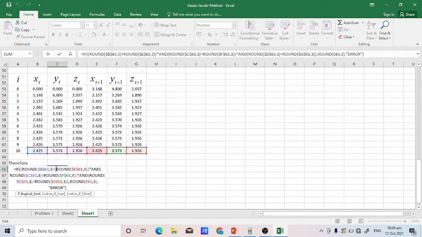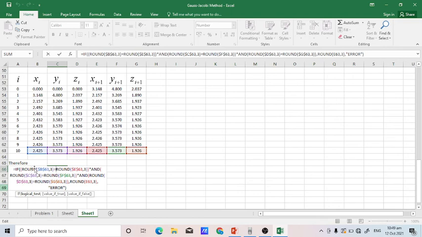So, it's like this. We will round off, let's say, this x. It still has decimals, right? A 4th decimal, 5th decimal, 6th decimal. So we will round them to 3 decimal places.